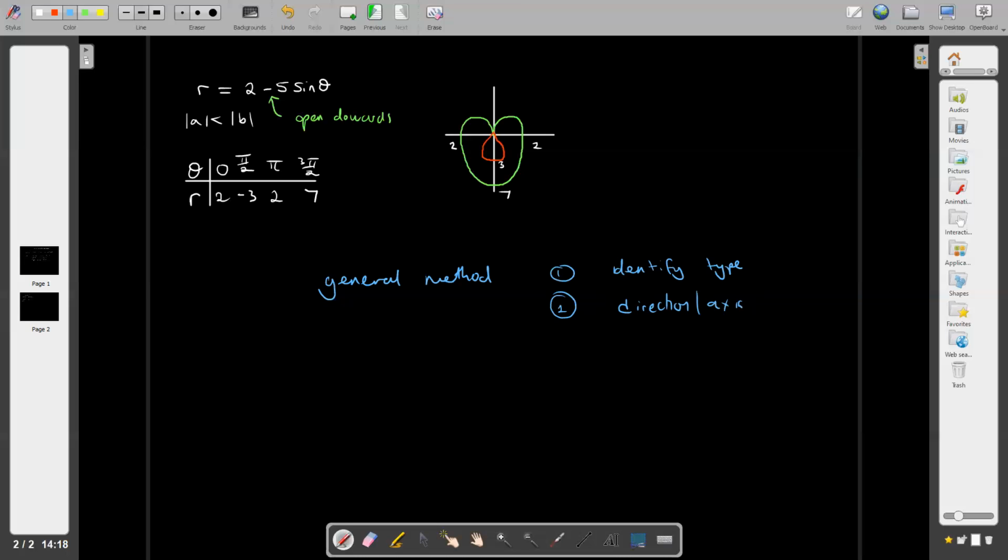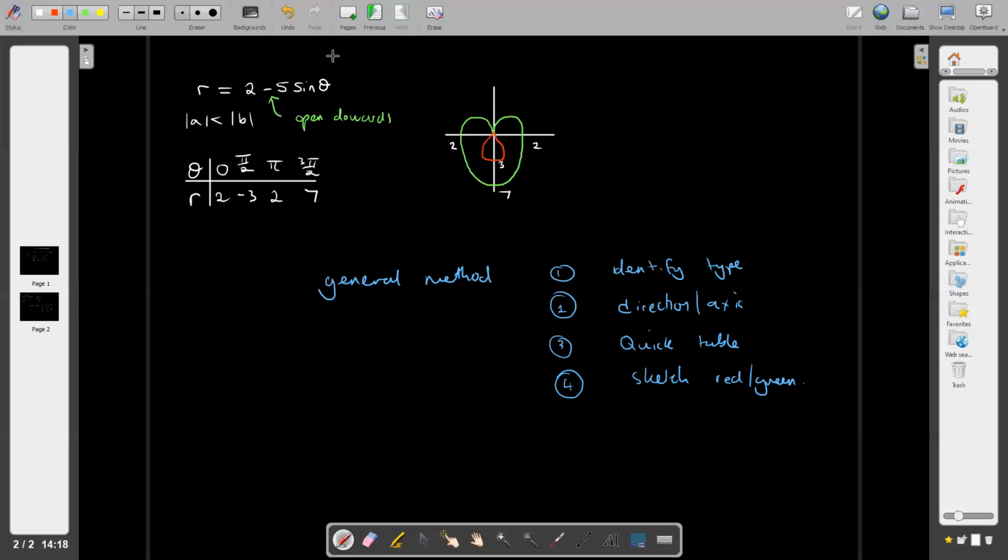Here it was sine, so it's on the up and down axis, the pi on 2, 3 pi on 2, and the direction with the sine. 3 is a quick table, and 4 is sketch. And I think it's important to decide where the red and the green is.